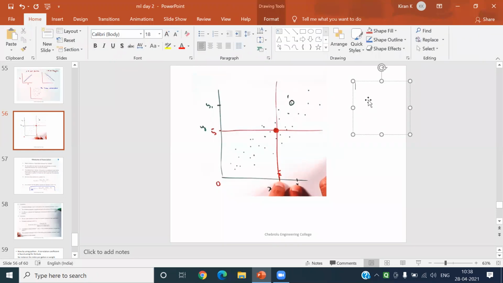The variance is x1 minus x bar. Similarly, y1 minus y bar. In the first quadrant, x1 is greater than x bar, and y1 is greater than y bar.